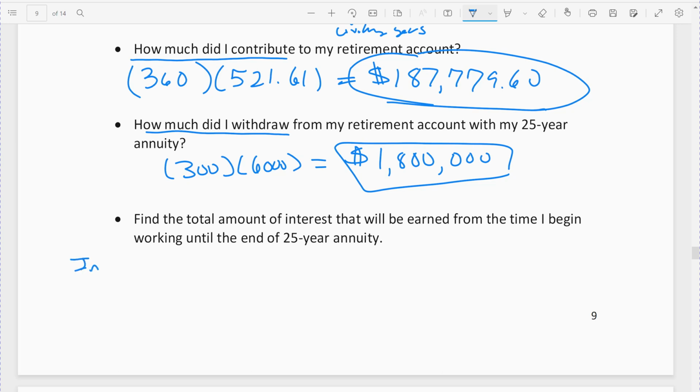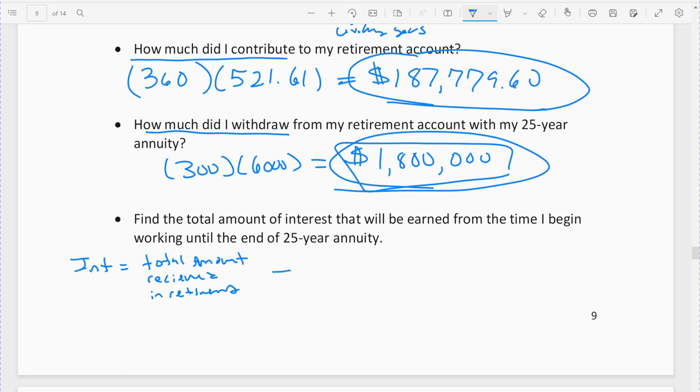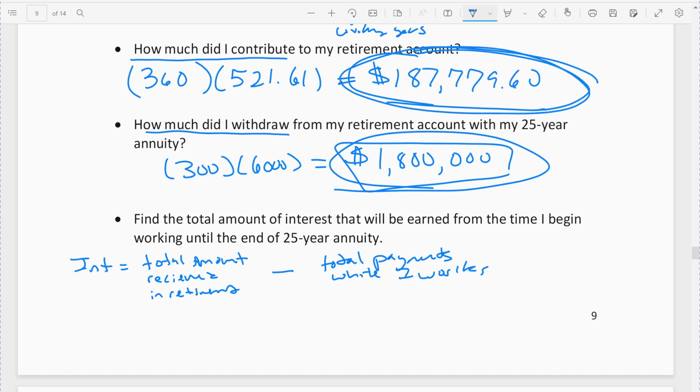All right, so interest is the total amount received in retirement, which is this amount, minus the total payments while I worked, the actual money I took out of my pocket and put in the investment, which is this amount. The difference is the interest, right?